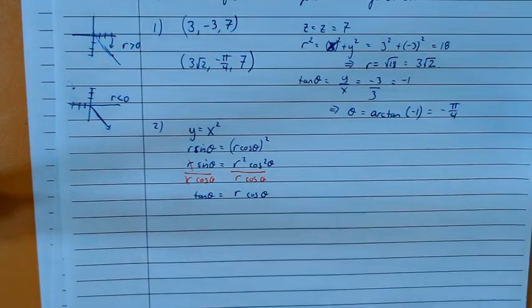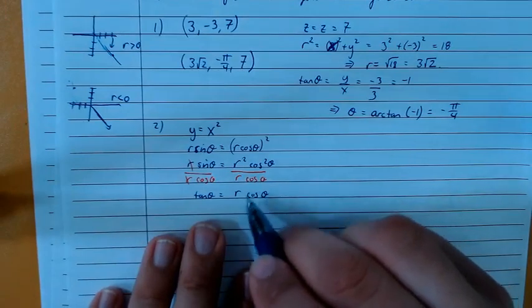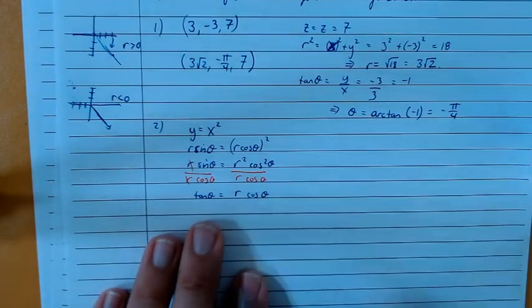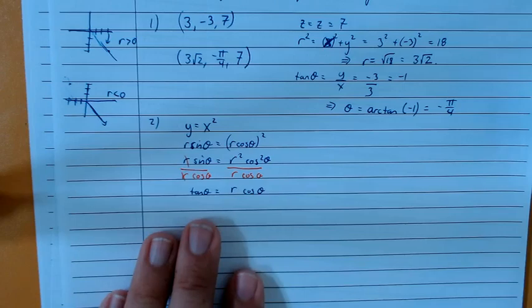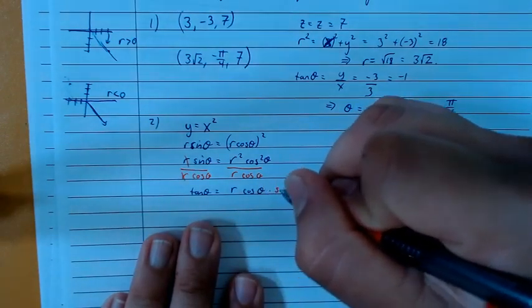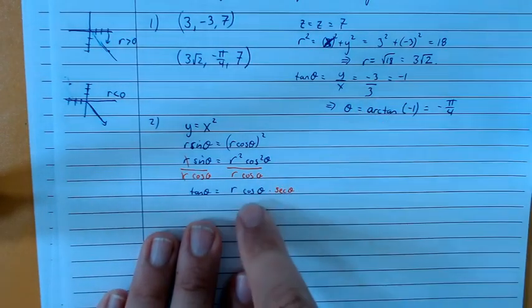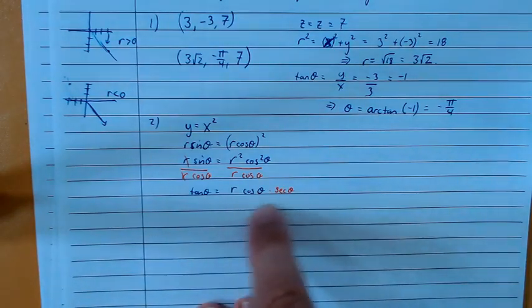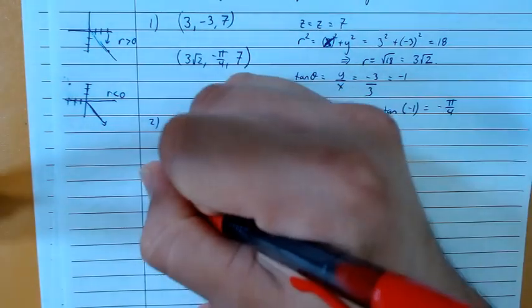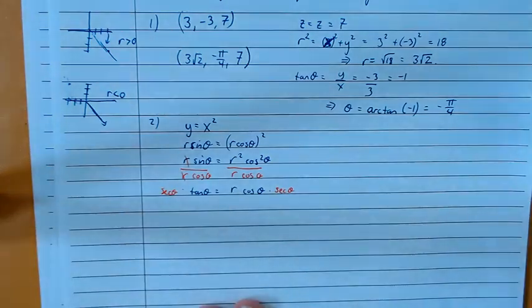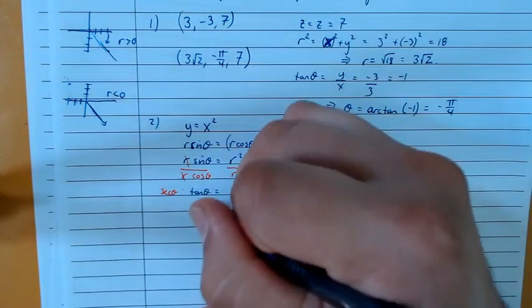And then again, assuming that none of this is equal to 0, we could then divide on both sides by cosine of theta, or if you prefer, you can use the reciprocal function, the secant of theta. Cosine of theta times secant of theta. These are reciprocals. They would give you the number 1. Do the same thing on the other side. And so we get r is equal to secant of theta tangent of theta.